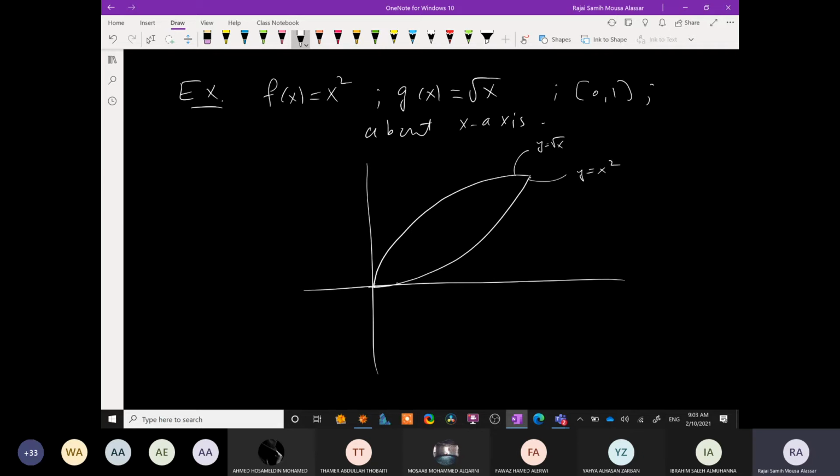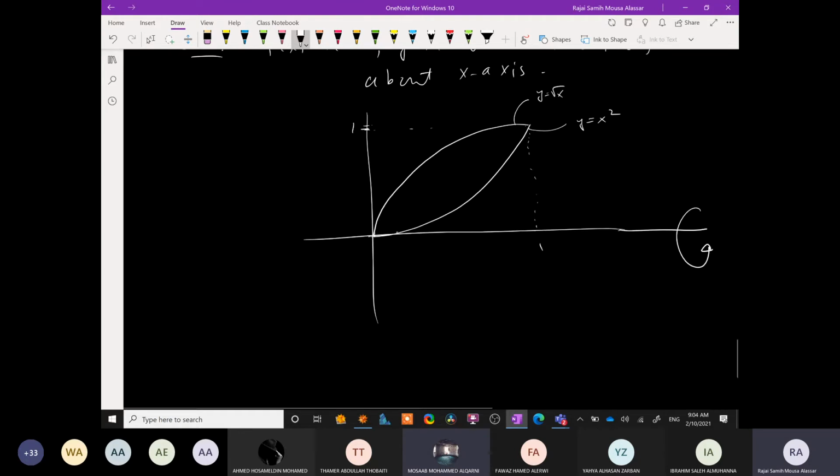I'm not going to do the intersection. You do it, Ashraf. The intersection is at 1 and 1. Just equate. And where do you want to rotate that, Ashraf? Around the x-axis.